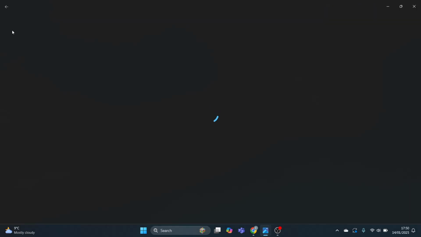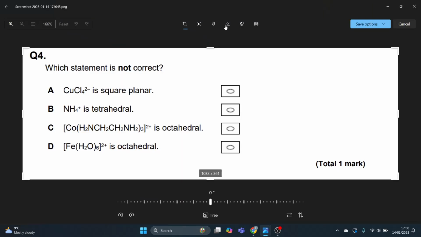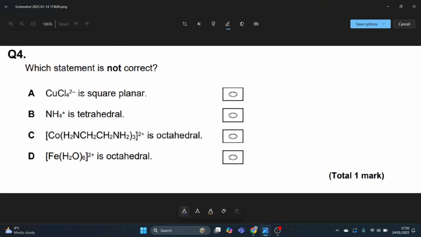Question 4. Which statement is not correct? CuCl4 2 minus is square planar. NH4 plus is tetrahedral. That is octahedral, I'm not going to say the name of it. Fe(H2O)6 2 plus is octahedral.